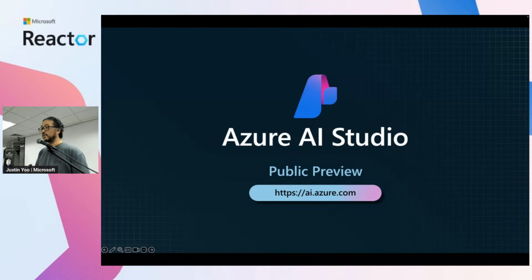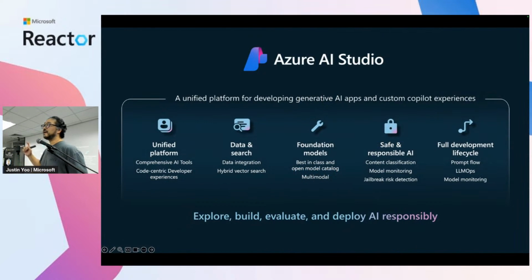We have brought all of those practices together from the Copilot stack. All the knowledge that we have gained is from building and operating our Copilots at scale. We applied Copilots to every single product and service from Microsoft. With Azure AI Studio, we are unifying multiple different AI services into one experience.